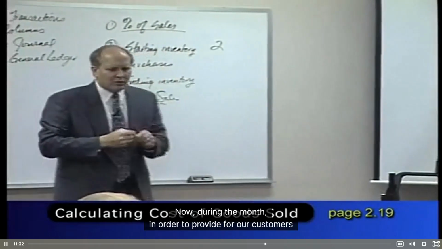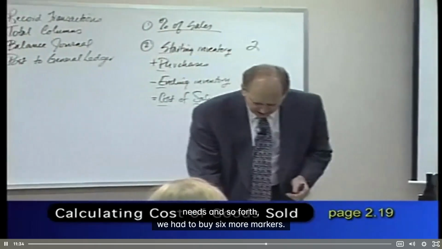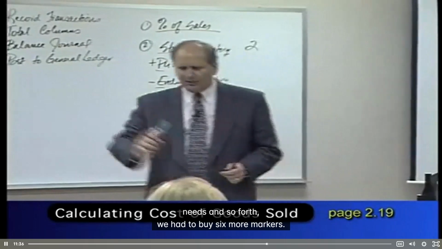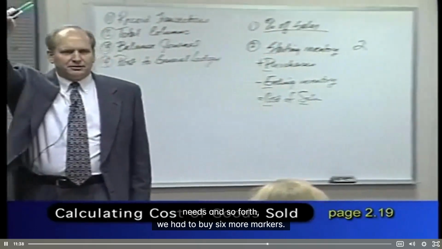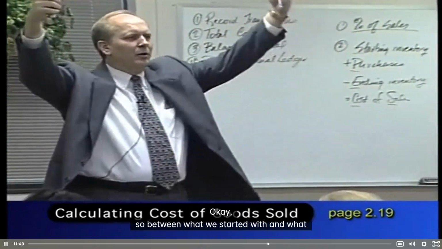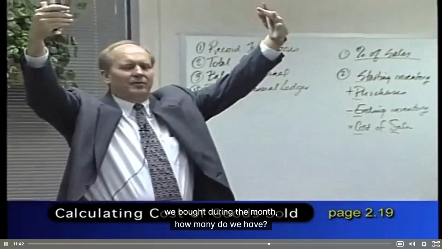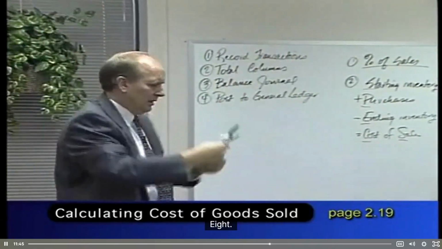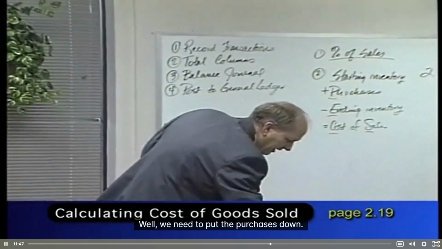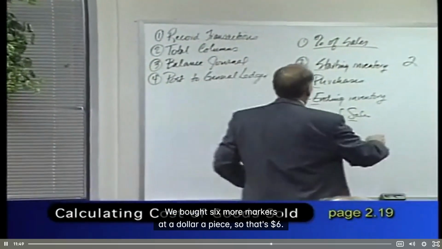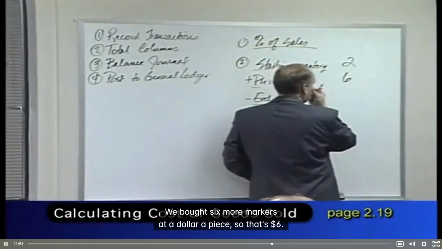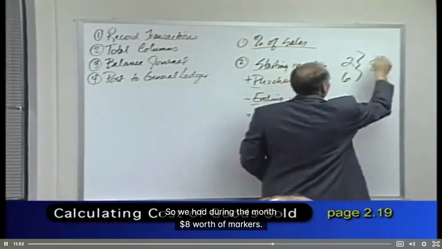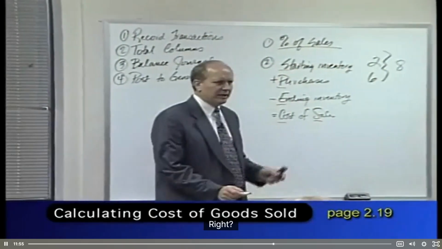Now, during the month, in order to provide for our customers' needs and so forth, we had to buy 6 more markers, okay? So between what we started with and what we bought during the month, how many do we have? 8. Well, we need to put the purchases down. We bought 6 more markers at $1 a piece, so that's $6. So we had, during the month, $8 worth of markers, right?